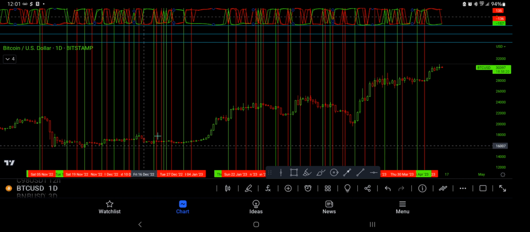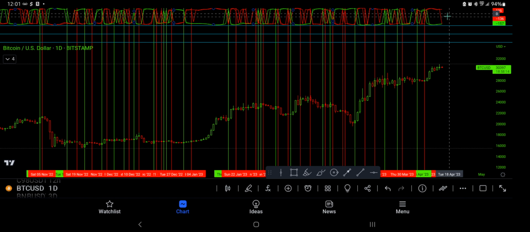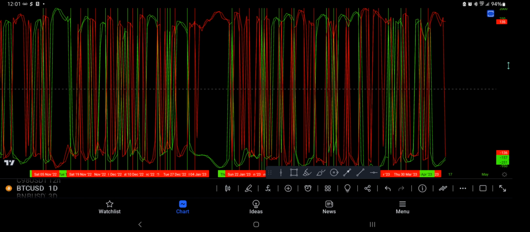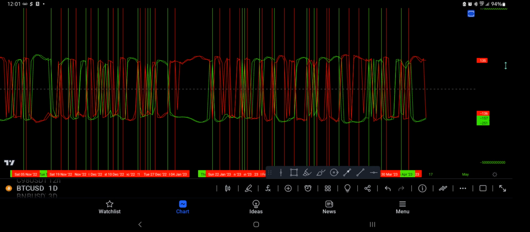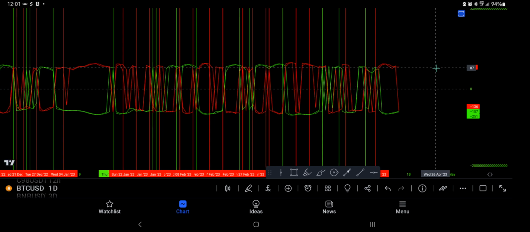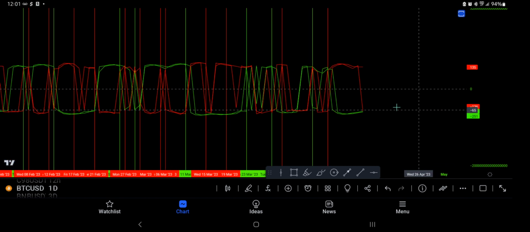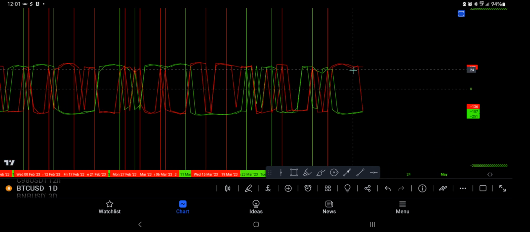Like currently right now, this would mean that this is slightly going to be extended. Let's make it bigger so we can see what I'm talking about. So here we have the red line and the two red lines. One of them's crossing down, so there's a little bit of temporary sell-off.